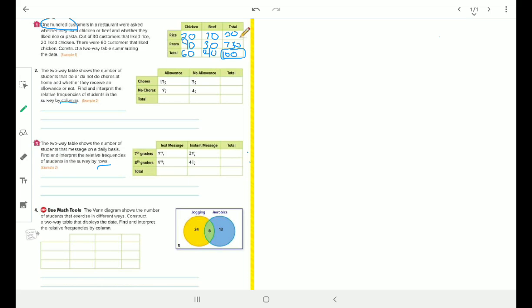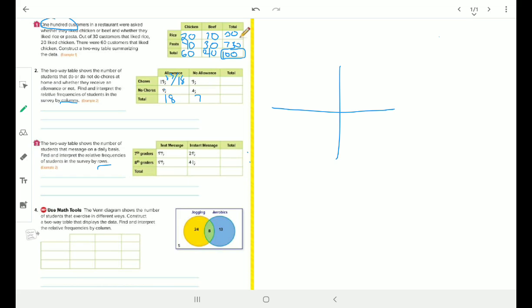Okay, so if I'm looking at the columns, I'm not really even going to fill out the right-hand part. I'm just going to go top to bottom. 13 and 5 give me 18. That's the total. For no allowance, that's 3 plus 4, which is 7. So to find the relative frequency, I'm going to take 13 and divide it by 18, and put this off to the right-hand side. So 13 divided by 18 will give me my relative frequency for people who have an allowance and do chores.